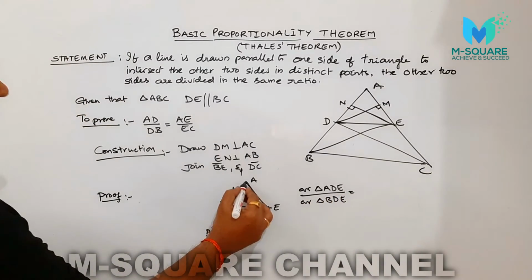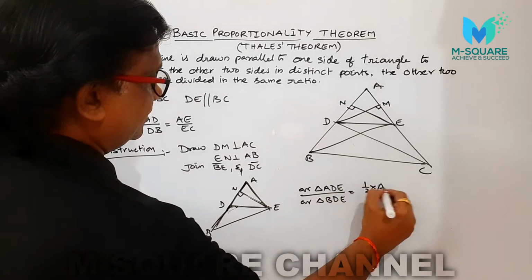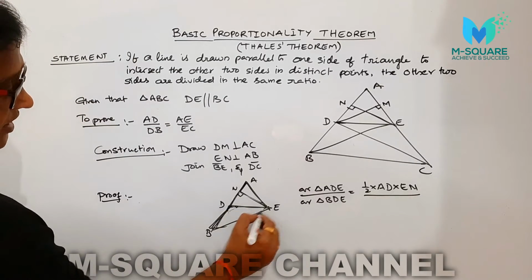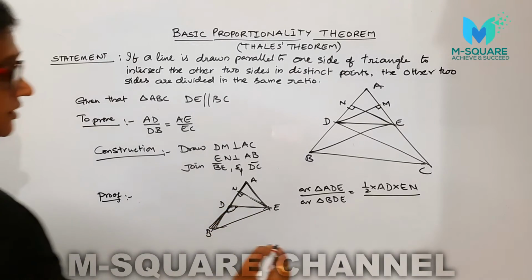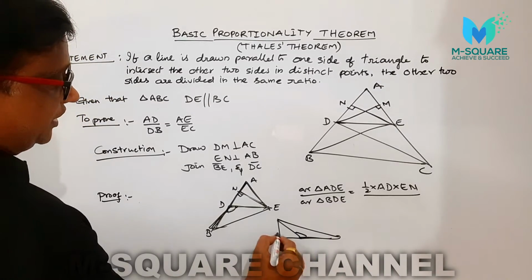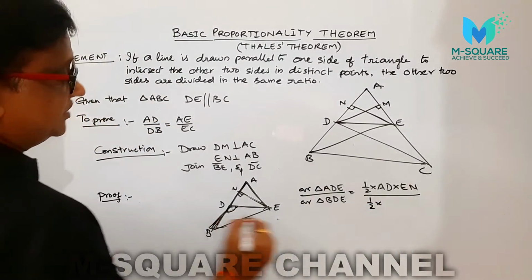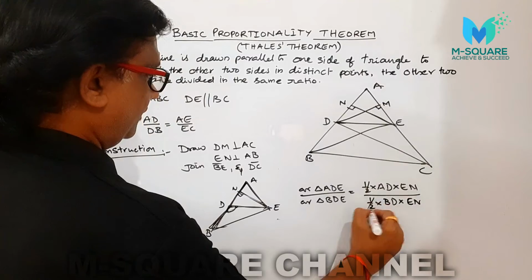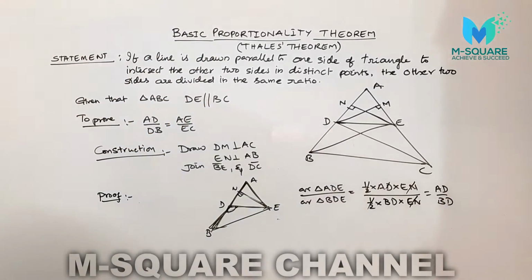Area of ADE is half into base into height, where the base is AD and the height is EN. For triangle BDE, the angle at the base is obtuse, so the altitude falls outside. So it is half into base BD into EN. Half and EN cancel, and we get AD by BD.